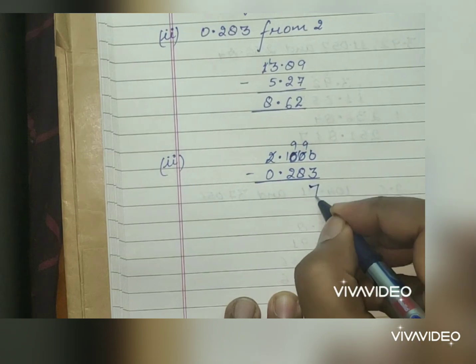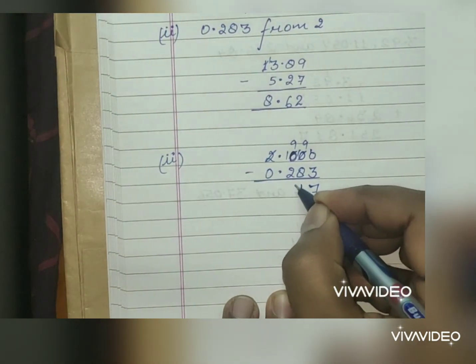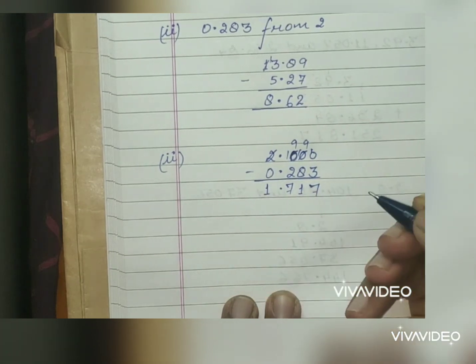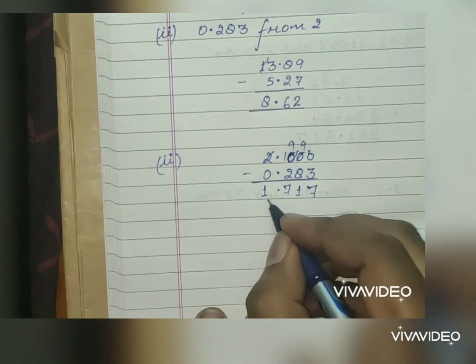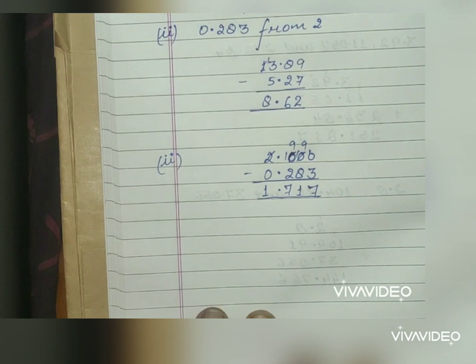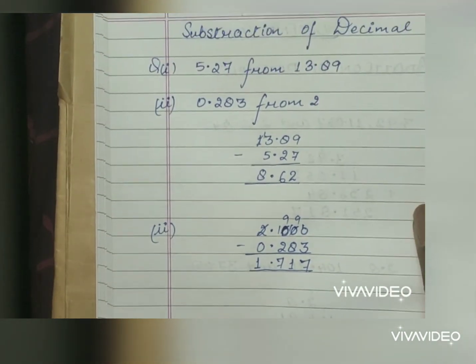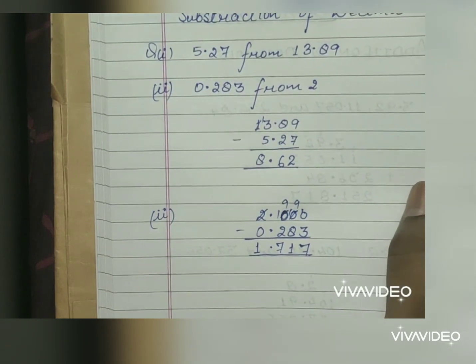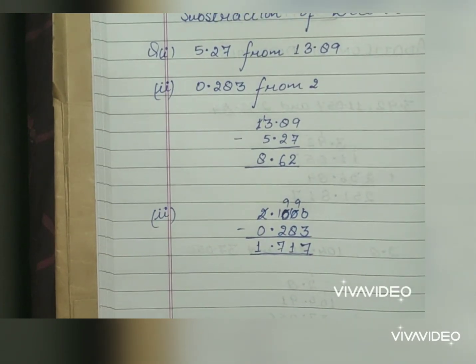So 10 minus 3 is 7, 9 minus 8 is 1, 9 minus 2 is 7 and 1. So your answer is 1.717. Clear? So let's see how the multiplication of decimal takes place.